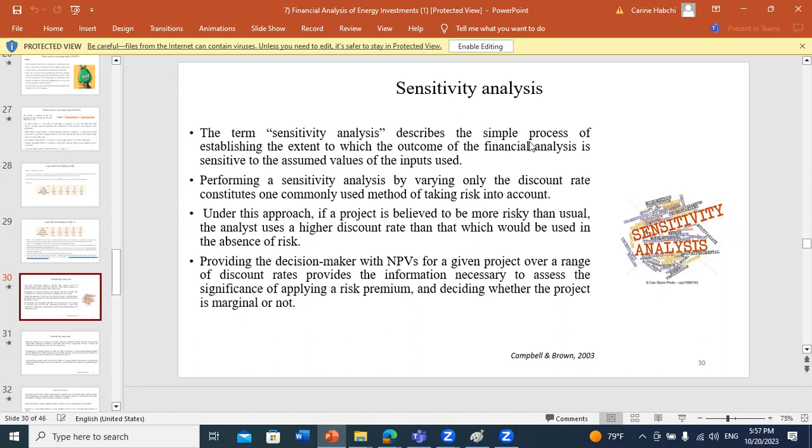Because an important investor will impose a cost of capital that is much higher, while a small investor or a beginner may accept to work with a project with a relatively small discount rate, because if you are new in the market, you don't have a better option.